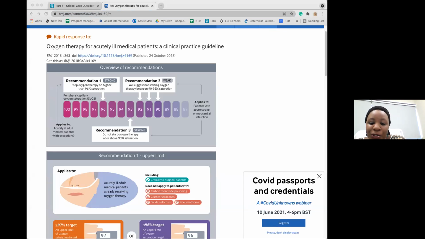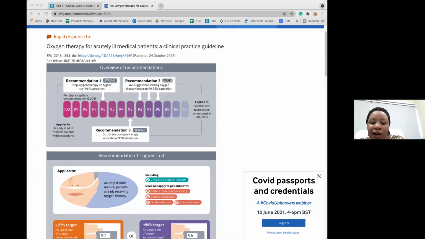I'll go through this slowly so that we all understand how this may happen. Traditionally, and in previous lectures, we have talked about administering oxygen to patients who have low SpO2s. It is the norm. We give supplemental oxygen to patients who are desaturating. However, when you administer oxygen, this has to be titrated against the saturation of the patient.